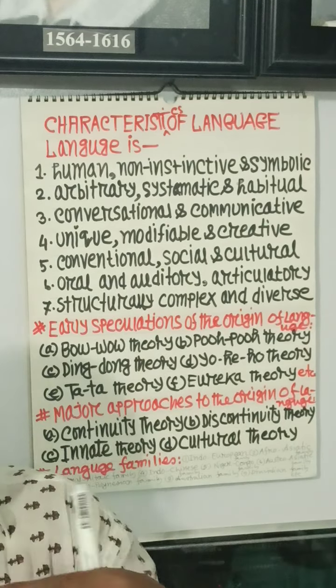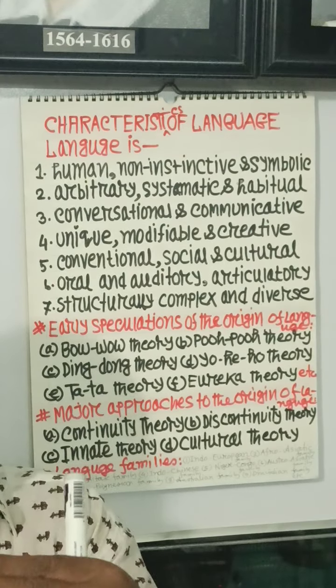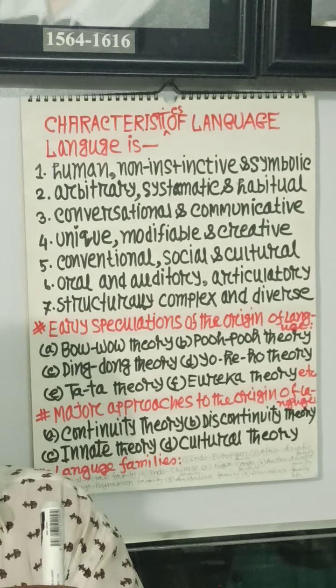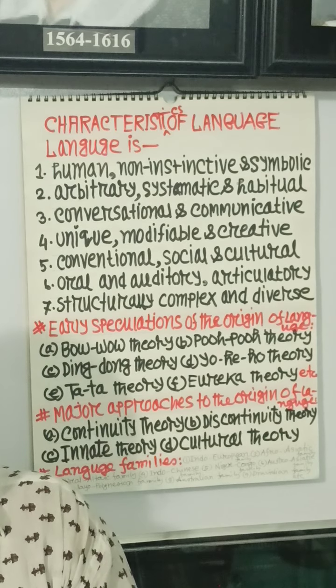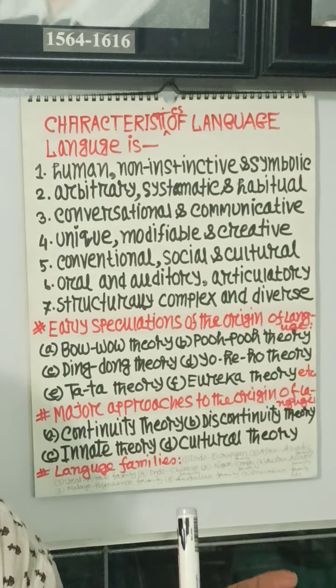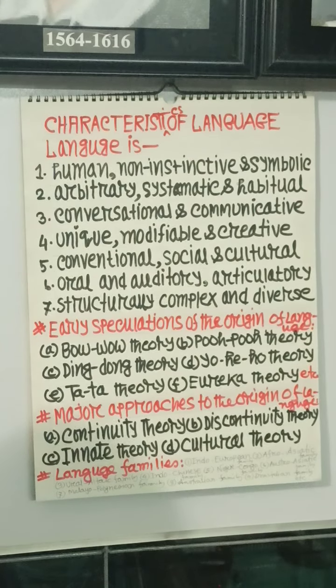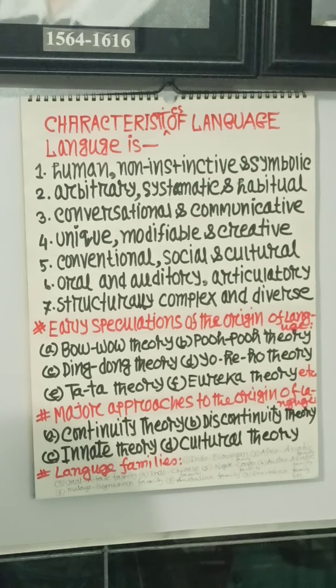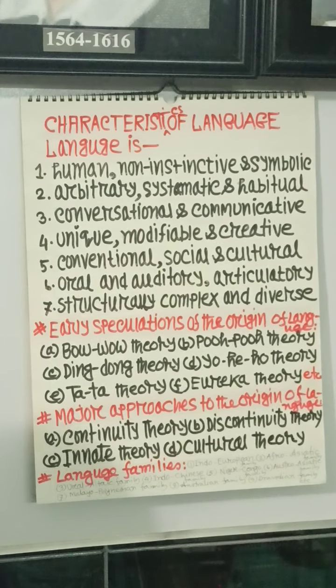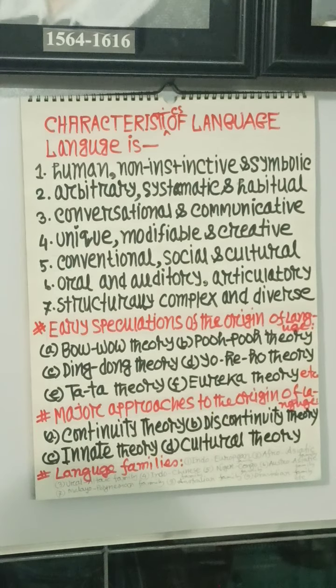But what is the semantic relation of the words? So it is in fact arbitrary. We have used all these words conventionally, and it has become a system and symbolic. In fact, language is arbitrary.